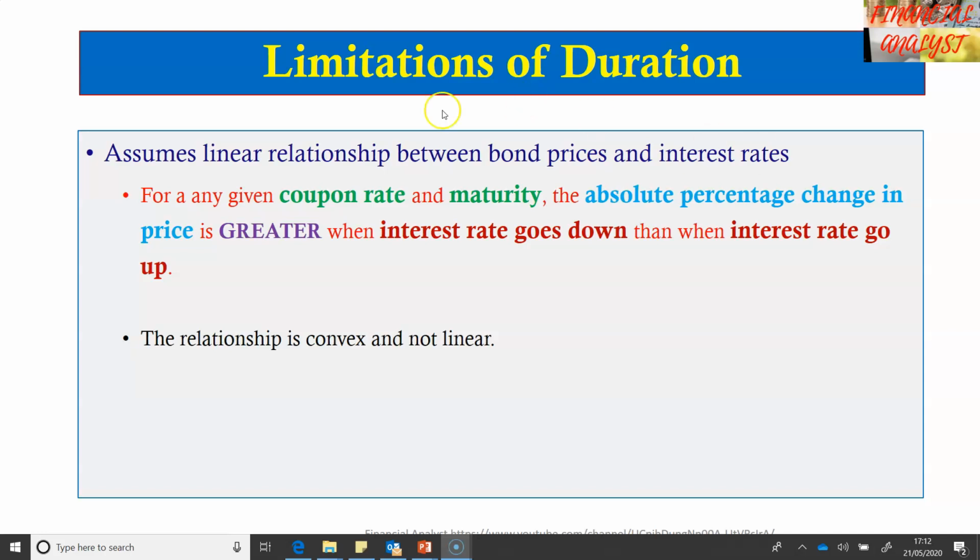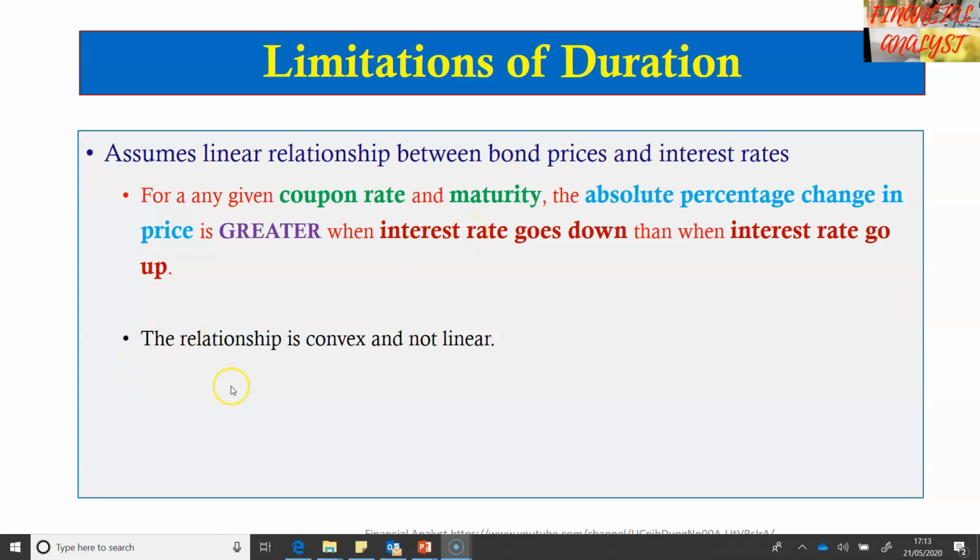However, we know that for any given coupon rate and maturity, the absolute percentage change in price is greater when interest rates go down than when interest rates go up. In other words, we say that time value of money increases at increasing rate and decreases at decreasing rate. That is because of the impact of compounding and discounting.